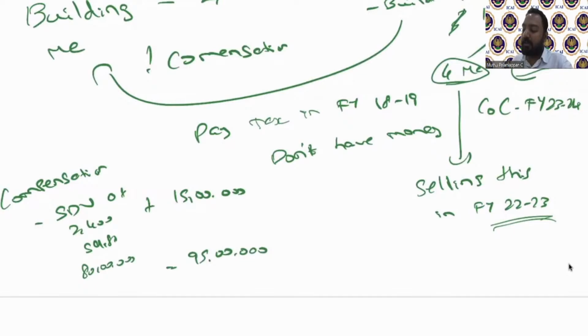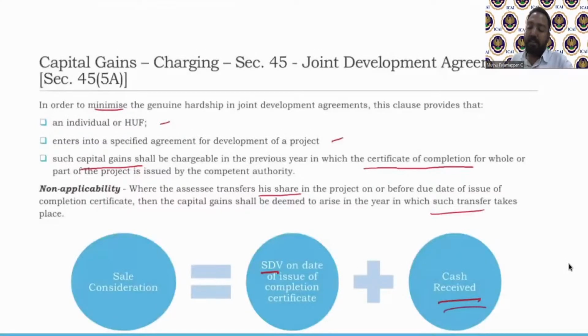So this is what is about your joint development agreement. This is introduced because of genuine hardship caused to the persons entering into joint development agreement. So they are letting them recognize capital gain in the year of completion certificate or in the year of transfer, whichever is earlier.